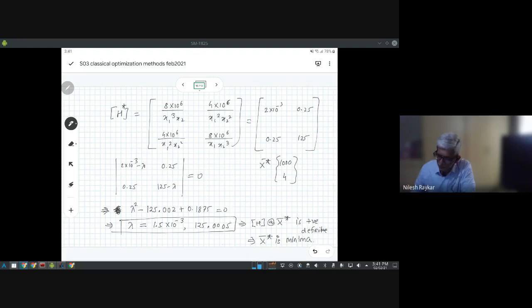So the minimum, if you plot it graphically for this particular point, you will observe as follows.